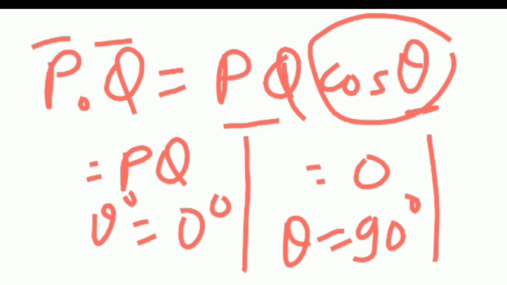Suppose we have theta equal to 180 degree, that is, one is in this direction and another is in the opposite direction. That is called anti-parallel. In that case cos 180 degree is equal to minus 1, so instead of pq, we will get minus pq for theta equal to 180 degree.